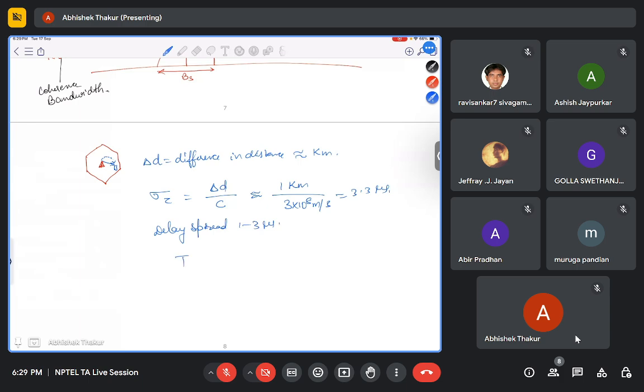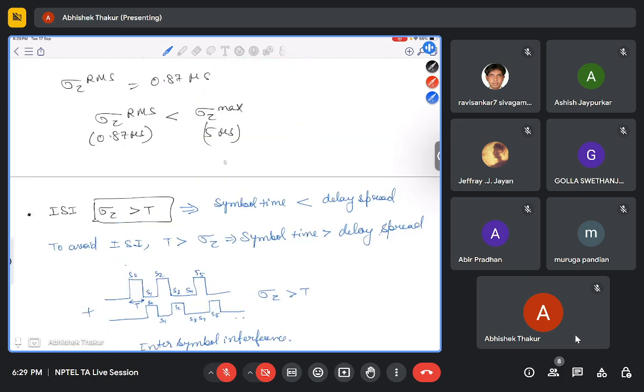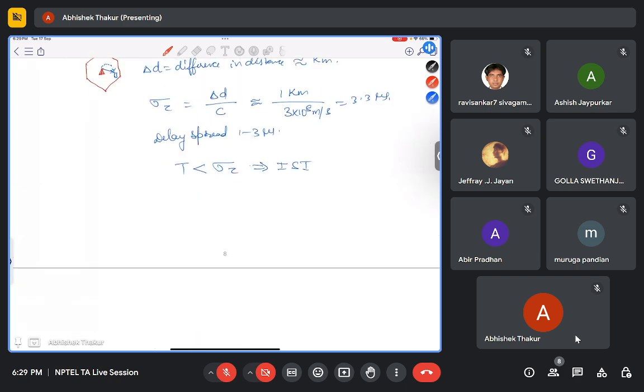So if the symbol time is less than the delay spread, then there will be ISI, as we have already studied in these two cases. And when the symbol time is greater than the delay spread, then there will be no ISI.